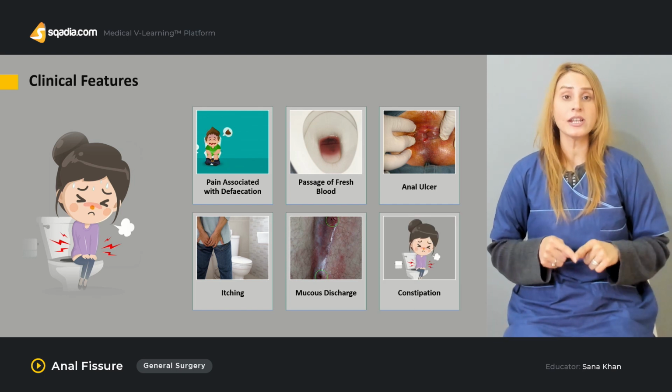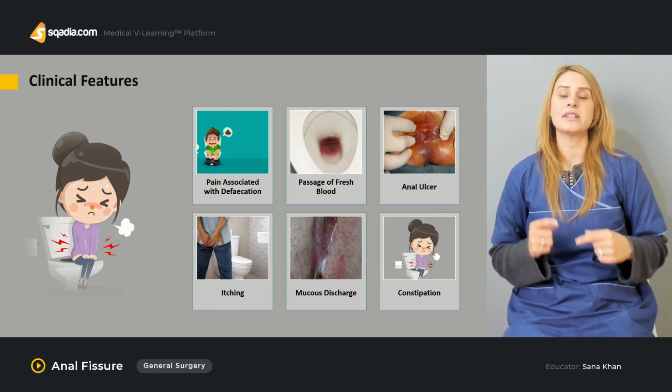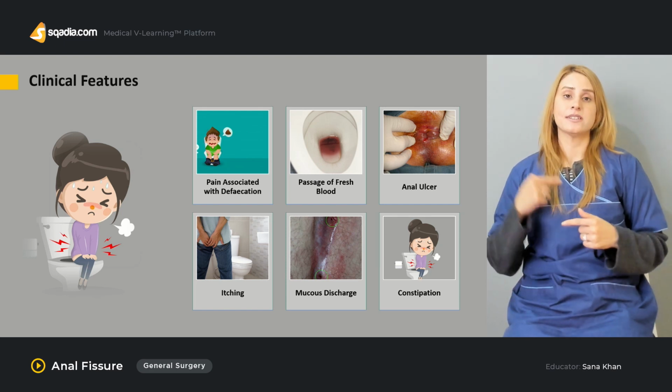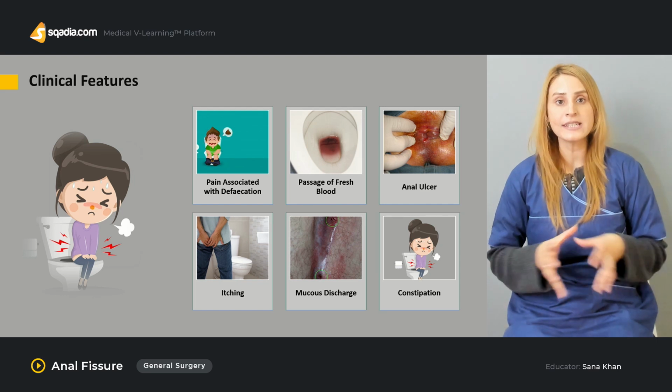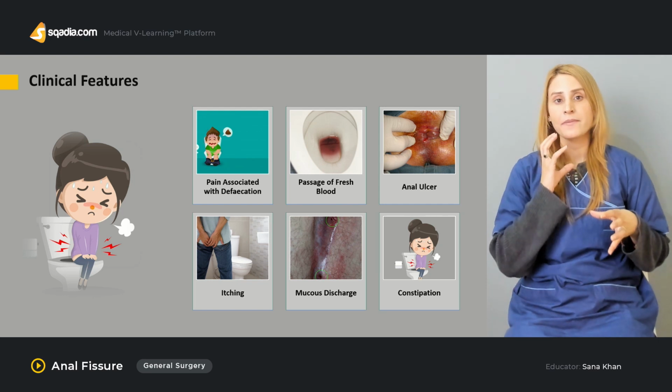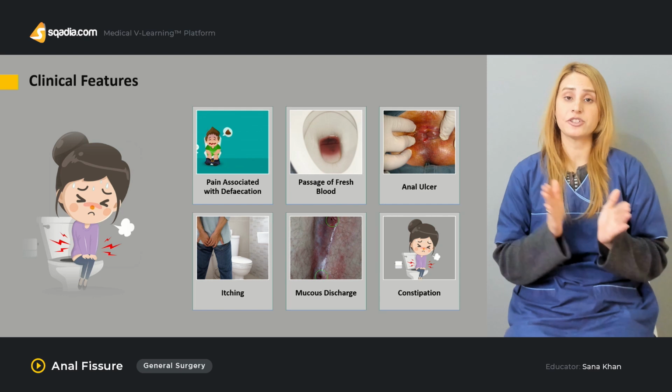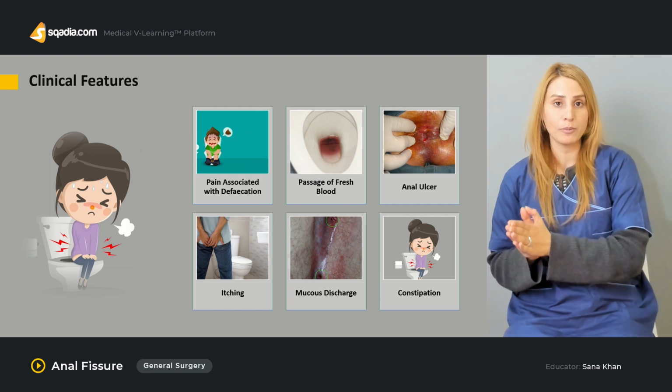The history of constipation or the history of repeated trauma is leading you towards the cause of the anal fissure. So always think about two different things when the patient is coming to you with fresh PR bleed.